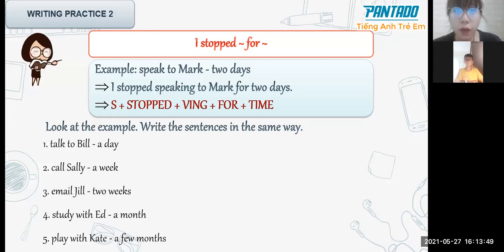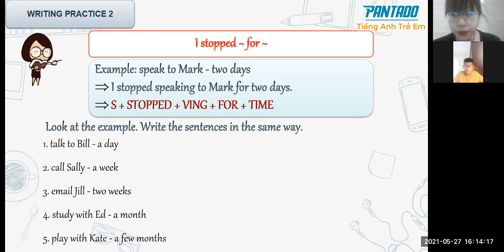So for example, we have the phrases speak to Mark and 2 days, and a sentence made from these two phrases is: I stopped speaking to Mark for 2 days. So we have the subject, stopped, verb plus ing, for, and plus time.